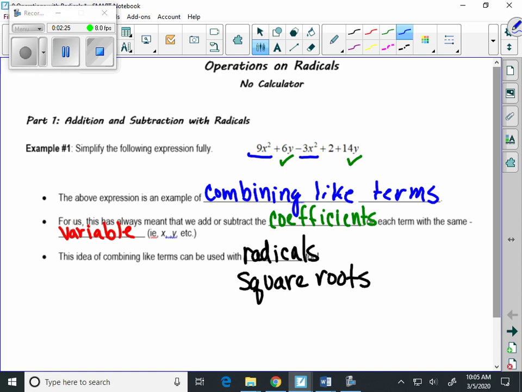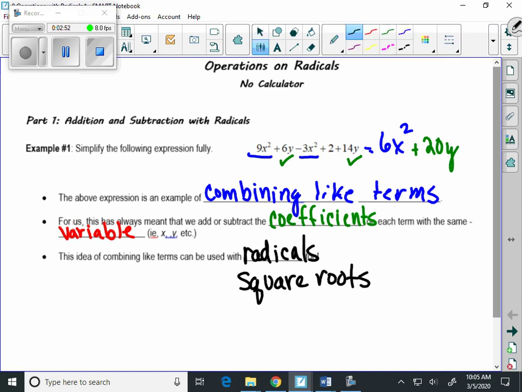But if we combine like terms, we're going to add or subtract the coefficients. So if I look at the blues, 9x squared minus 3x squared is 6x squared. 6y plus 14y, we add the 6 and the 14 together to get 20y.